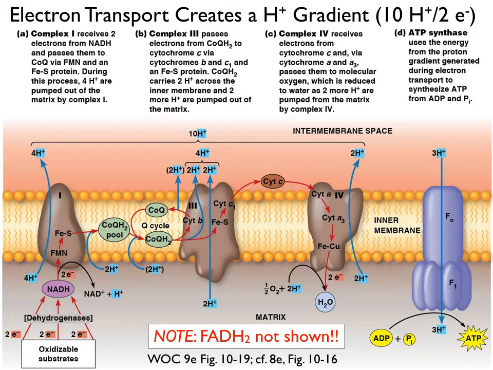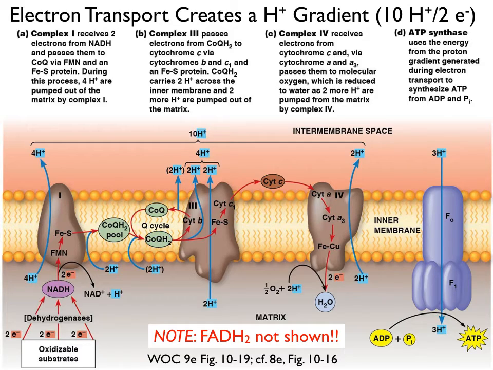Coenzyme Q then passes those electrons to complex 3 towards the center of the diagram. And as it does so, hydrogen ions are released into the intermembranous space, which is shown at the top of the diagram. Electrons are handed off to complex 3.